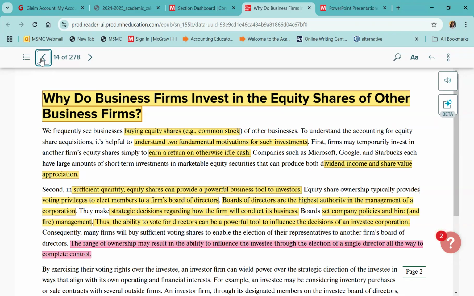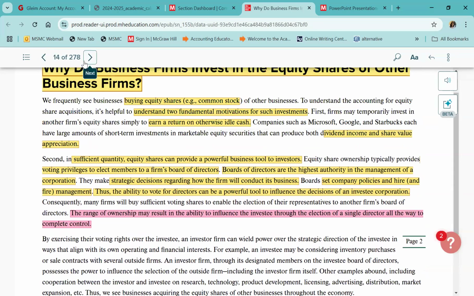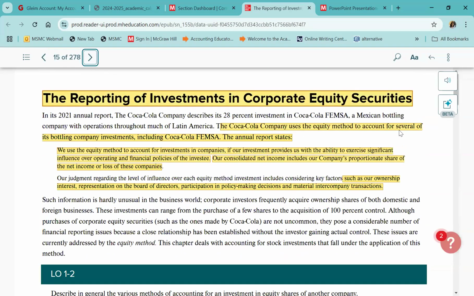If the stocks go down, I will decrease my investment. And if the company, the investee, pays me dividends, that will be a dividend revenue, considered a dividend revenue. That is the fair value method. Okay? It's straightforward and it is simple.